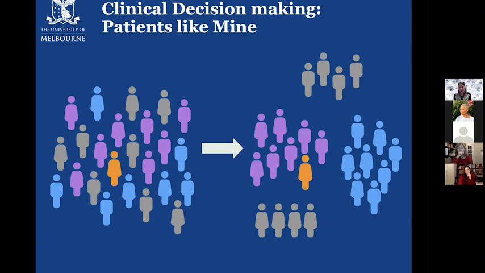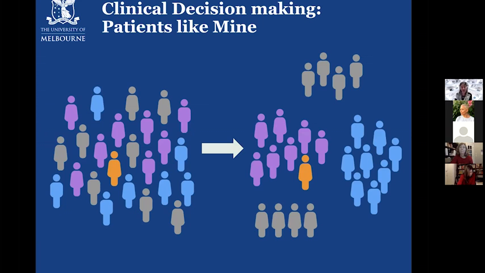By asking questions about the purple people and examining through the data the efficacy and outcomes of particular treatments, perhaps we can get more nuanced information about how to treat Miss Orange and whether or not we should prescribe that antipsychotic.